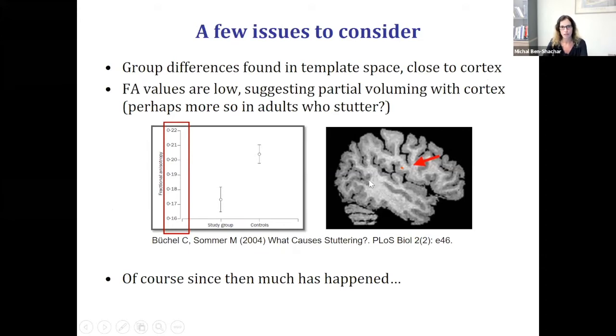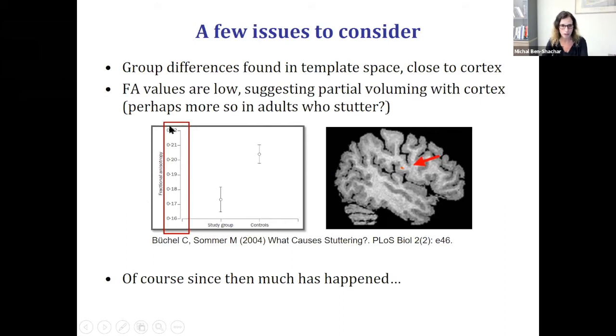One of them is, this is a voxel by voxel study. When you find a group difference in template space, which is very close to the cortex, there's always a concern of partial voluming. You might be sampling the cortex more in one group compared to the other, particularly if there are volume differences between the groups.